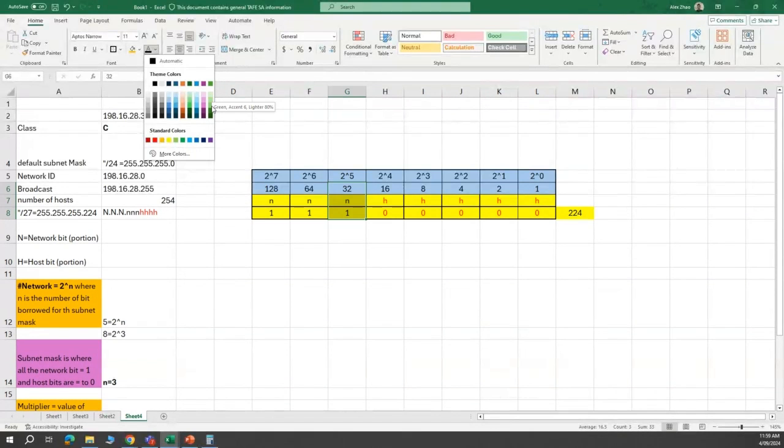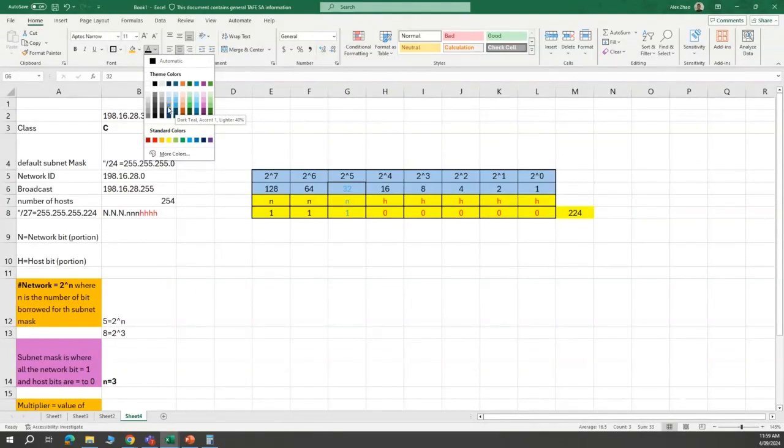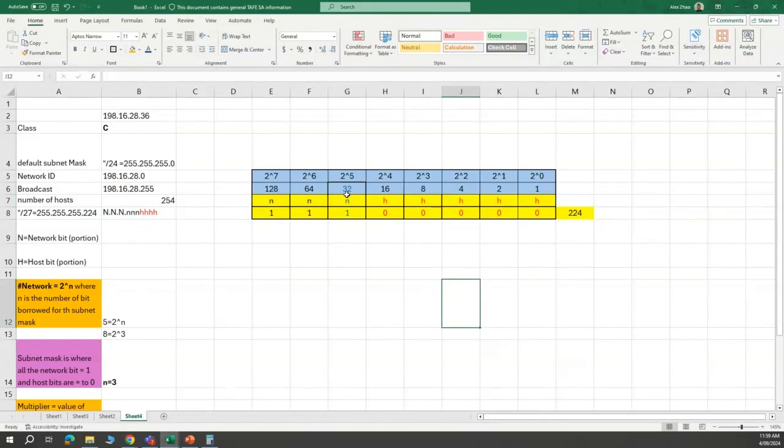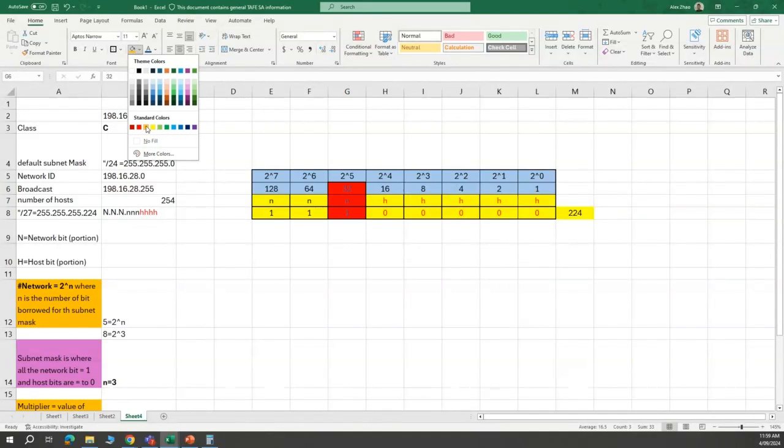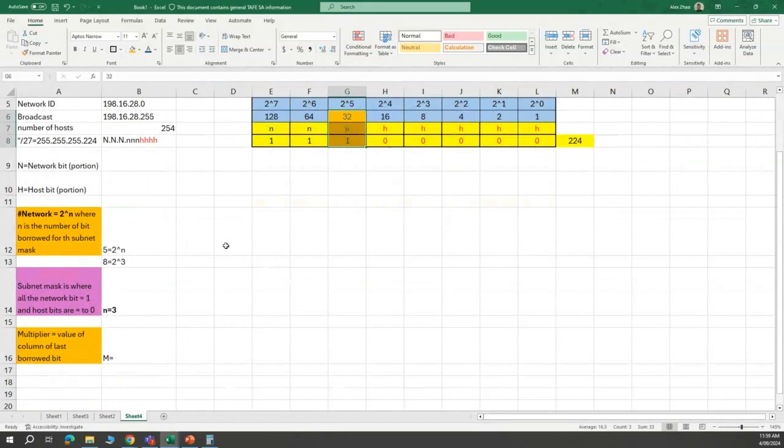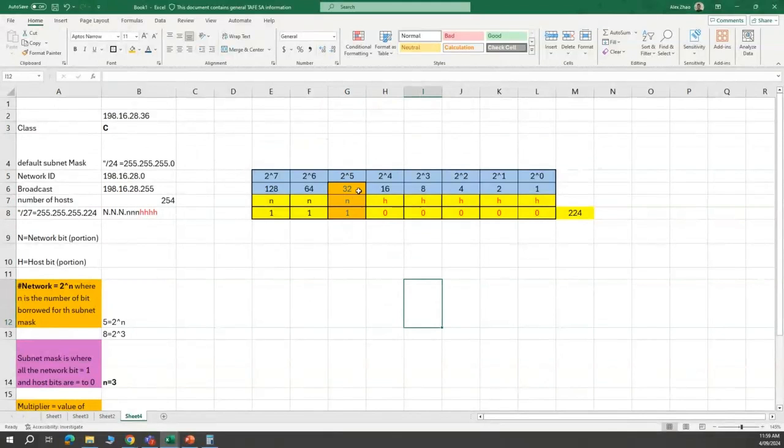That doesn't really stand out too much, does it? So we might just change it a little bit. Okay, so that is the last borrowed bit.